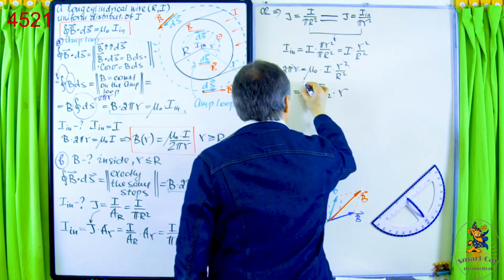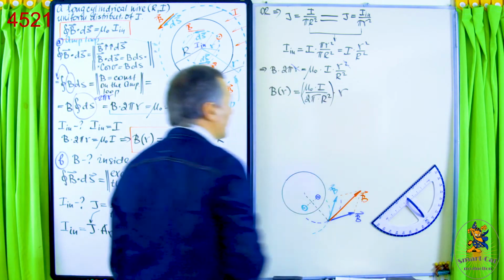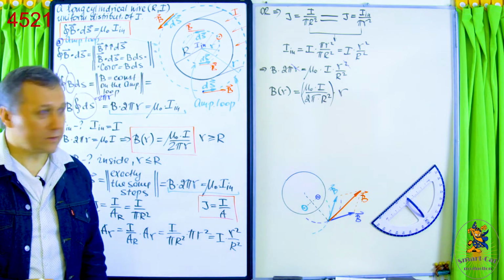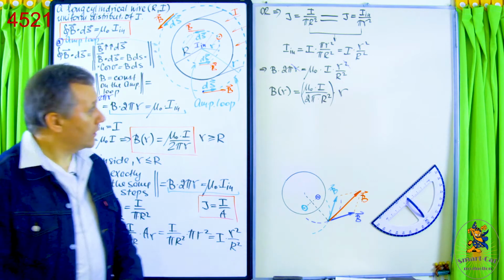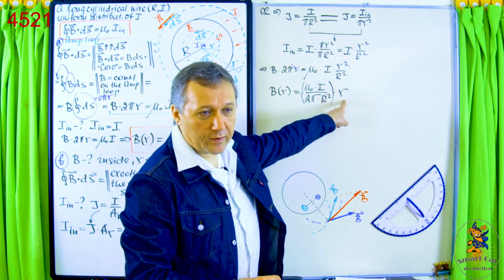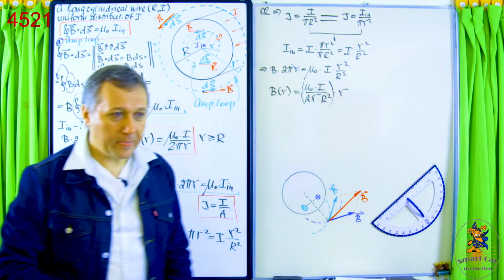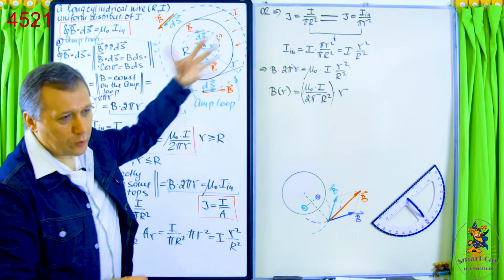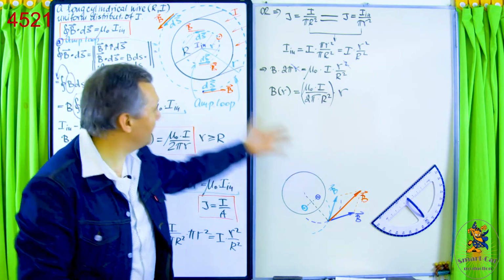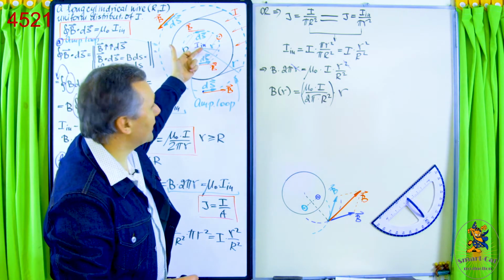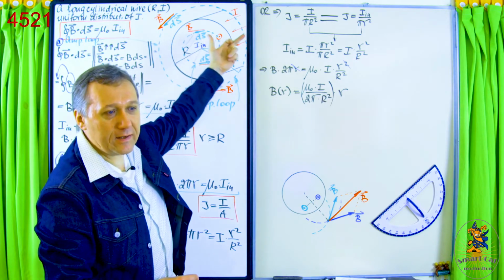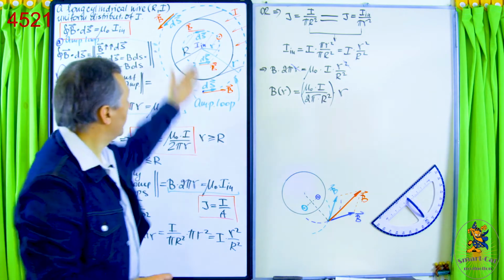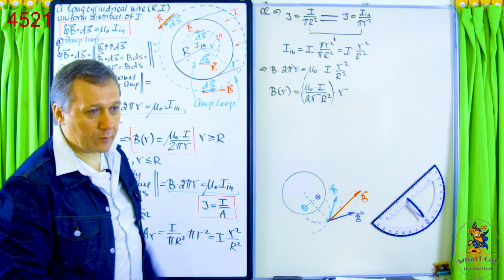So all this structure is a constant: mu naught is given, current is given, R is given, and the variable I wrote separately on purpose, to emphasize that if you're interested in the magnetic field inside of the wire, the magnetic field increases linearly as you go farther and farther away from the center of the wire.